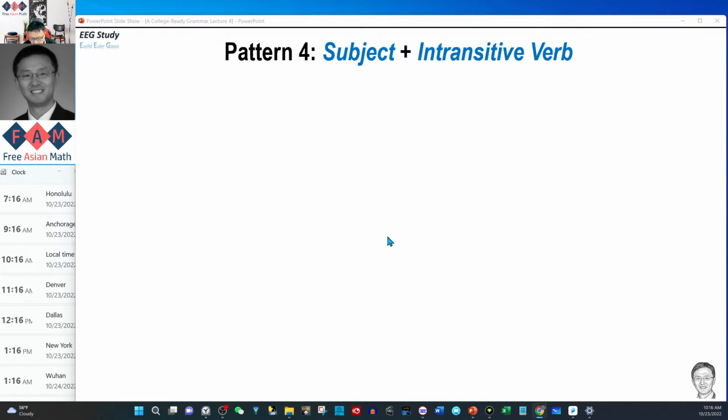So other than imperative sentences, for this pattern of simple sentences, at the bare minimum, you only have two words, which is a subject and a so-called intransitive verb. Well, here is one. The lady smiled.